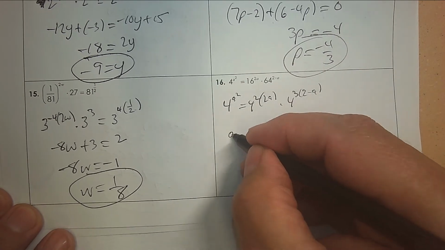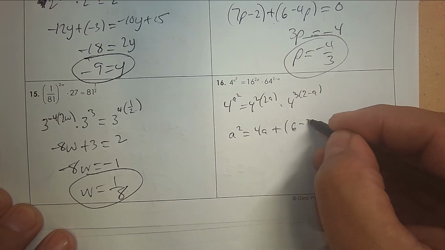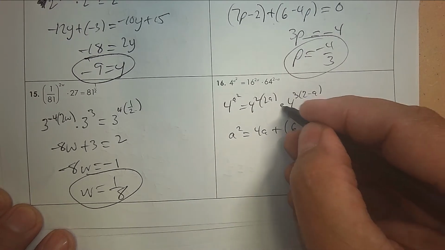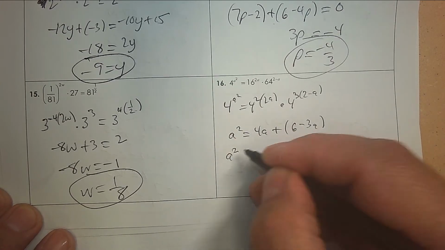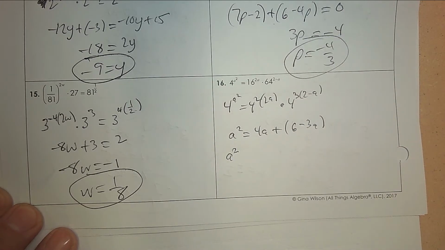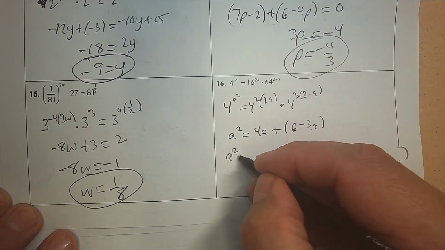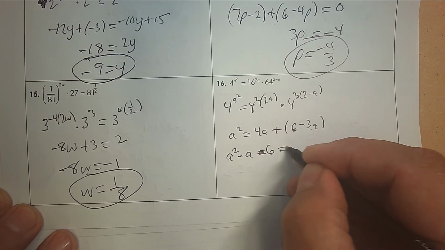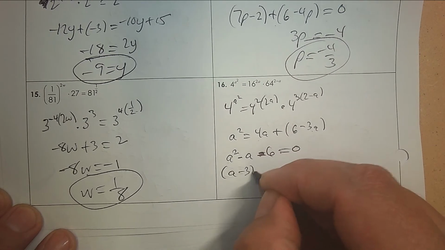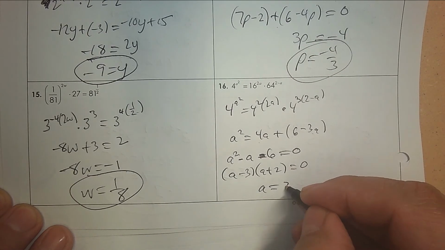So we have a squared, we have 4a plus 6 minus 3a, because when you're multiplying, you add the exponents. So I need them to be equal to 0 because it's a quadratic, so I'm going to go 4 subtract 3 is 1, but that 1a will be subtracted. I'm going to subtract 6, 2, and then I'm going to factor. So the numbers are negative 3 and positive 2. So when I solve it, I get positive 3 and negative 2.